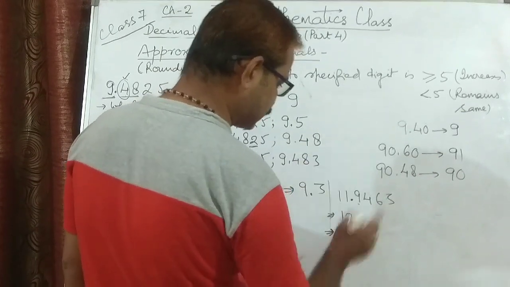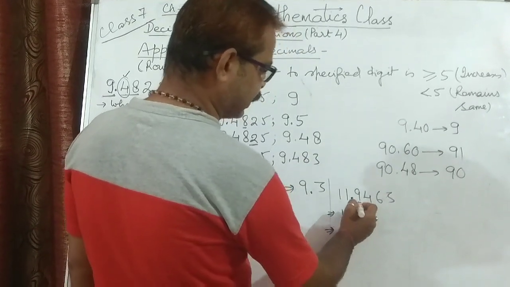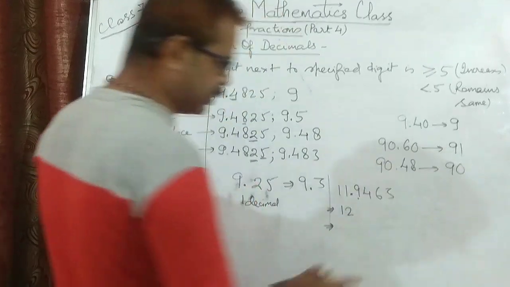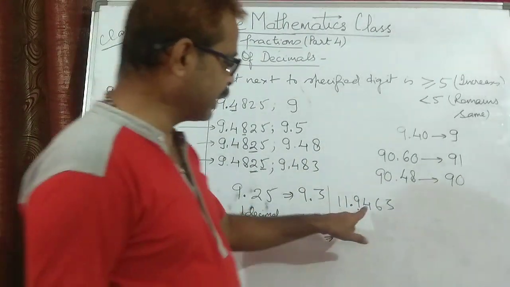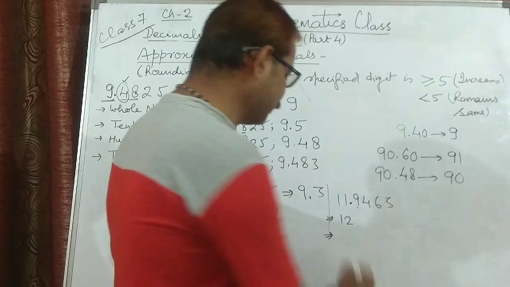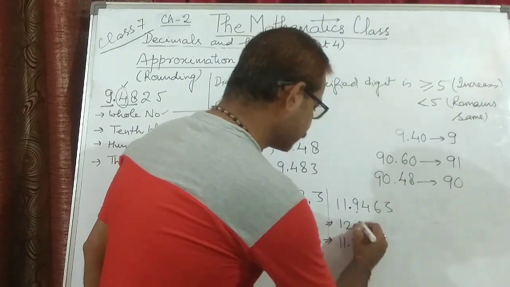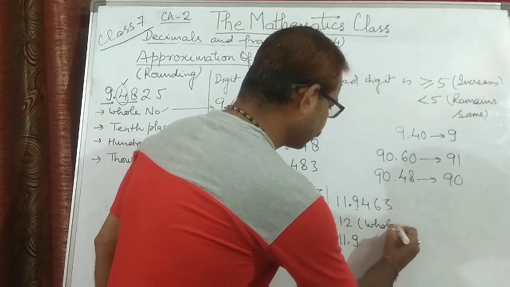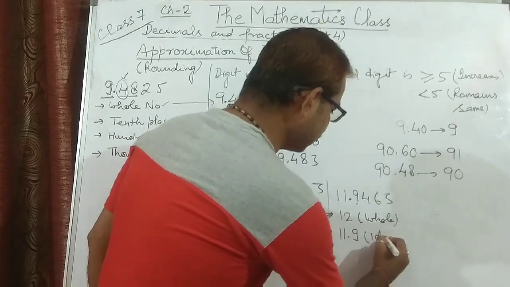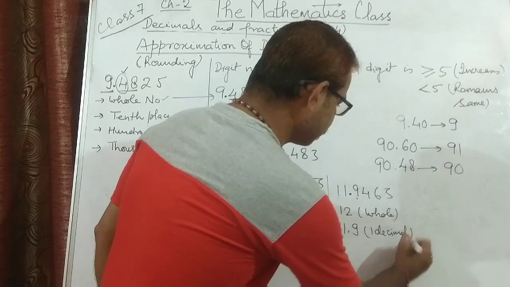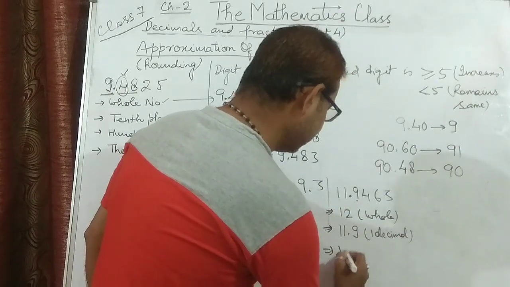Let's talk about 1 decimal place. So 1 decimal place means just 1 digit after the decimal. So the next digit is 4, which is less than 5. So this will remain as 11.9. This is for whole number. This is for 1 decimal place.